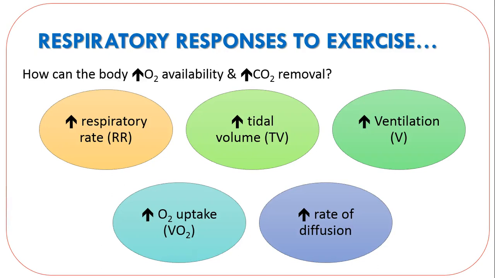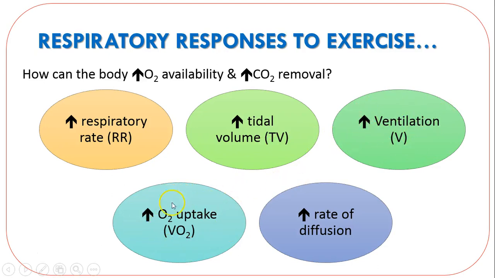Okay, so we've looked at our 5 respiratory responses to exercise. We can see that our first 3 here, so respiratory rate, tidal volume and ventilation, are very closely related. So an increase in one or both of these factors will result in an increase in our ventilation.